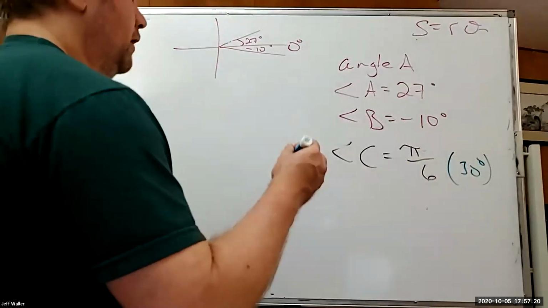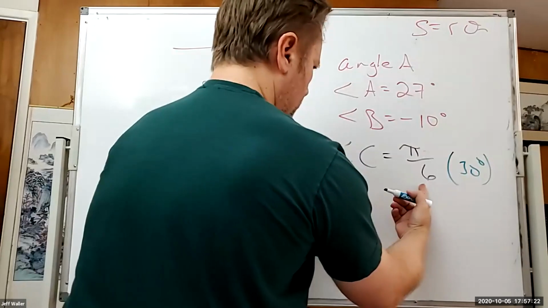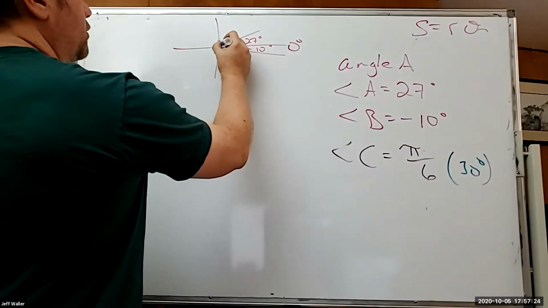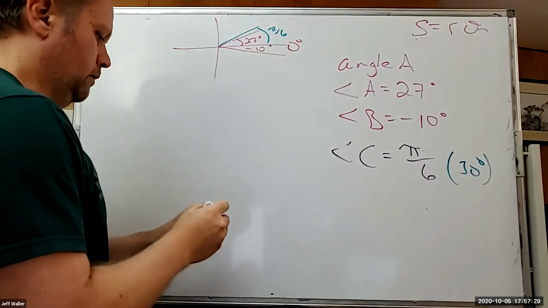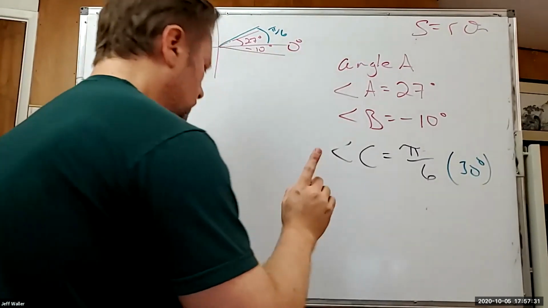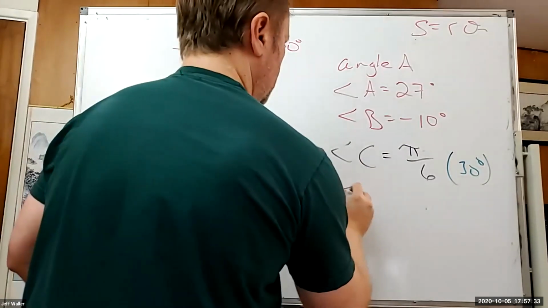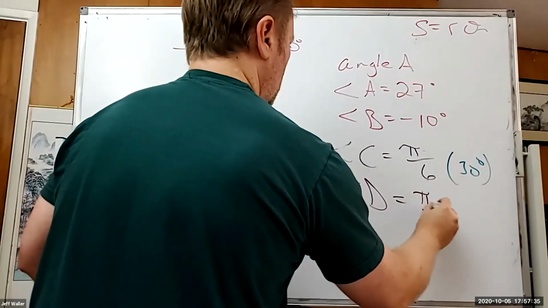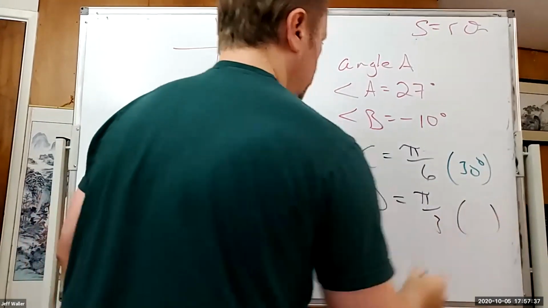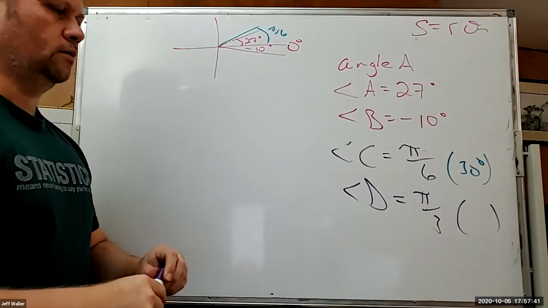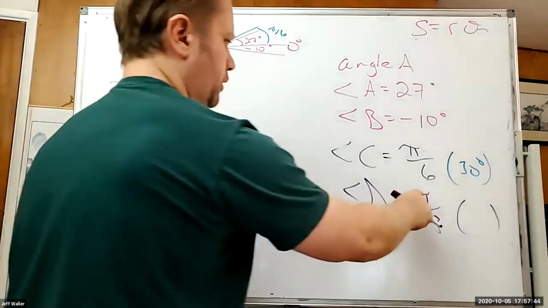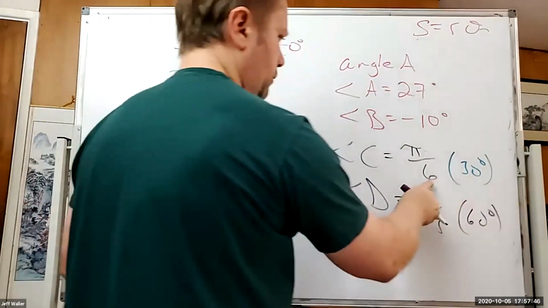One nifty thing, if I wanted to approximate this, it would be a little bit bigger than 27. So there would be my pi over 6. And watch this, it's kind of cool. What would this be? This would, of course, be 60, because 180 divided by 3, which is a nice analogy.